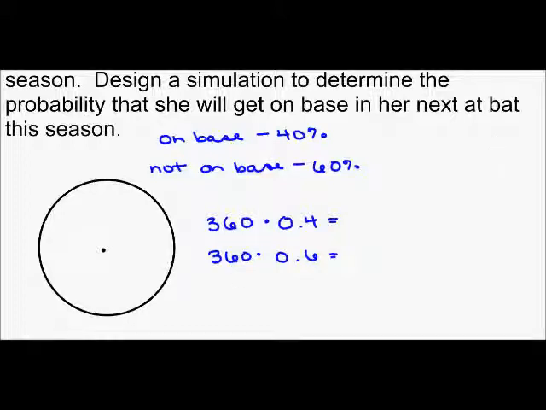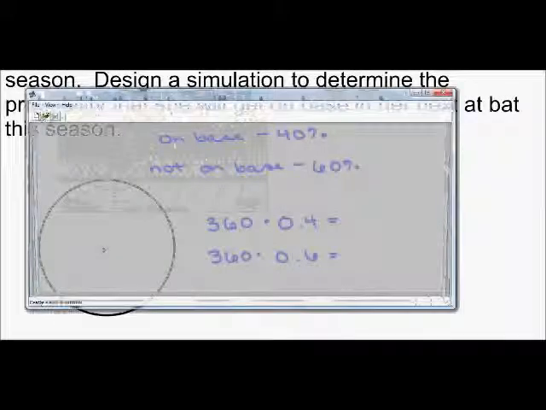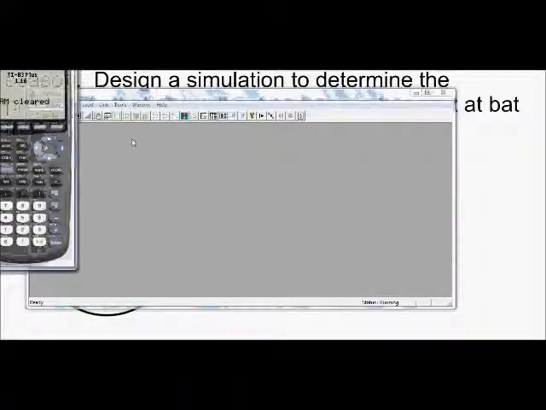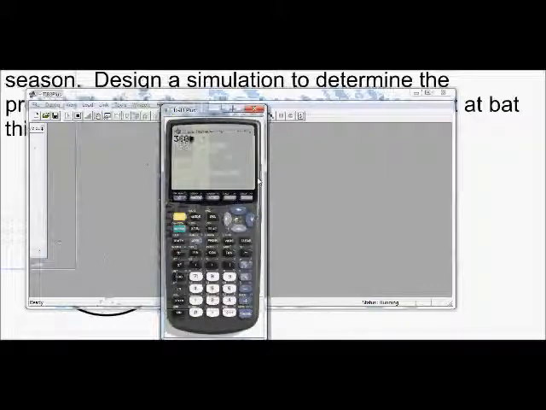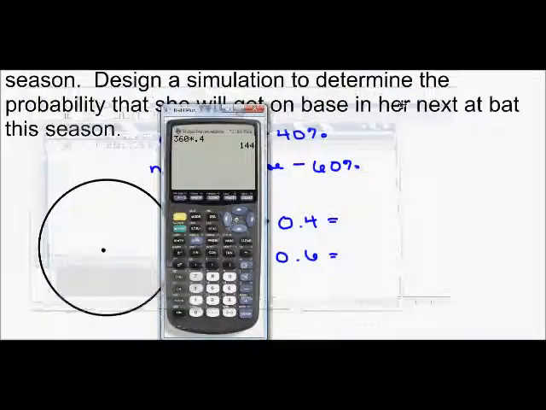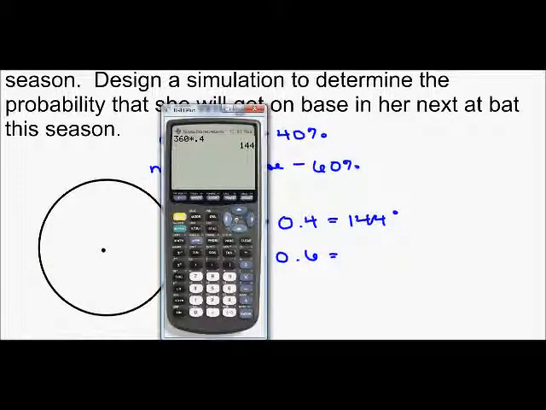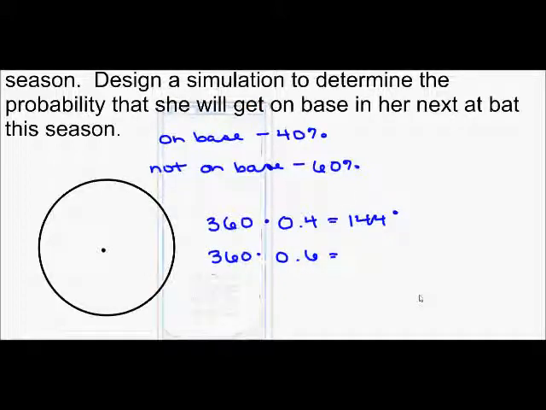And let's see what each of these is. So 360 times 0.4 gives me 144 degrees, and 60% is 216 degrees.